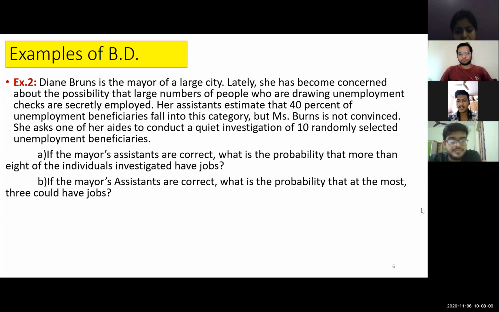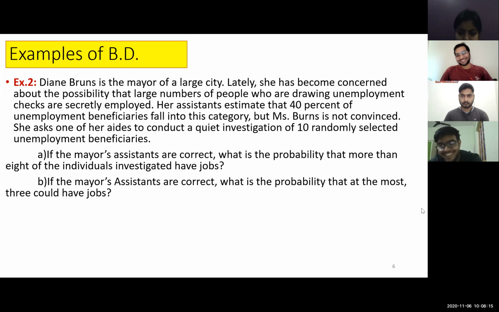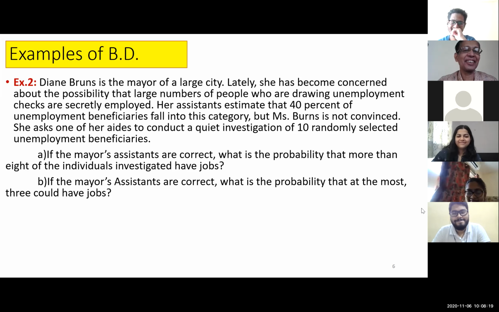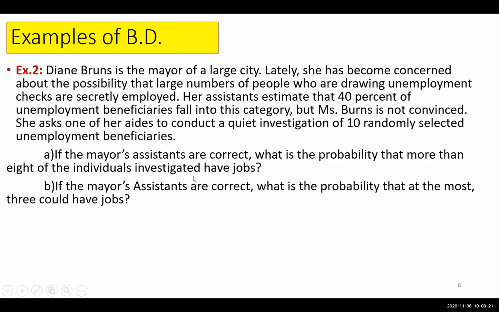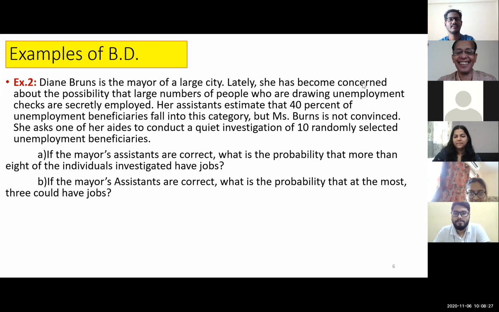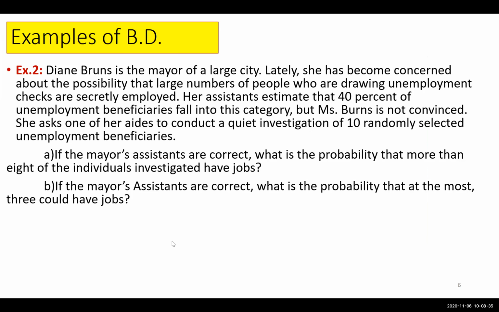Probability of 0. Yes, it will be. Probability of 0, probability of 1. Are you sure? Will we add 3 or not? At most, maximum 3. Yes, we will add. Yes, be confident. Up to 3: 0, 1, 2, 3. Okay, thank you so much. Easy question. Don't get confused.